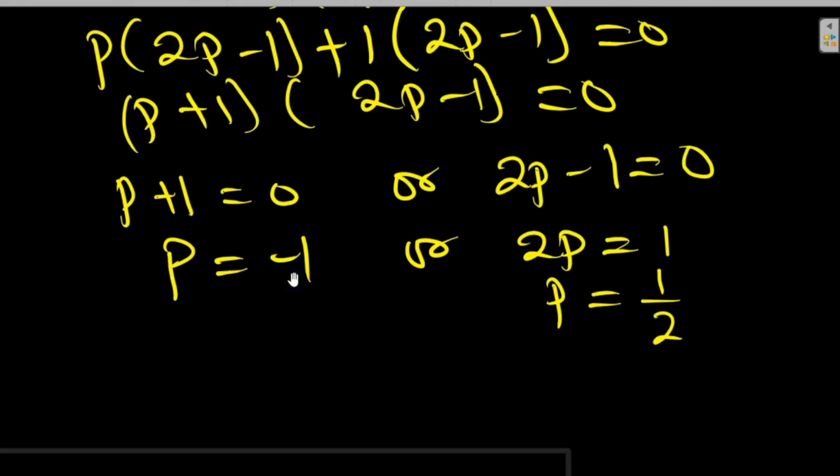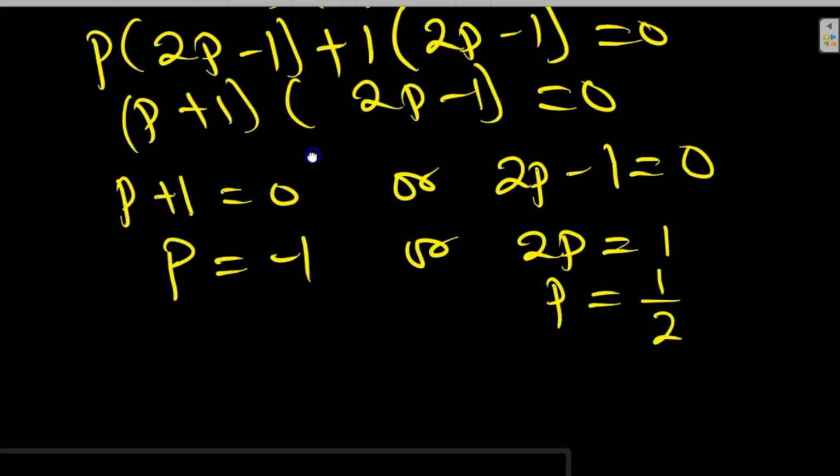Remember that cosine is positive in the first and the fourth quadrant. And since theta is between 0 and 90, it means theta is in the first quadrant.